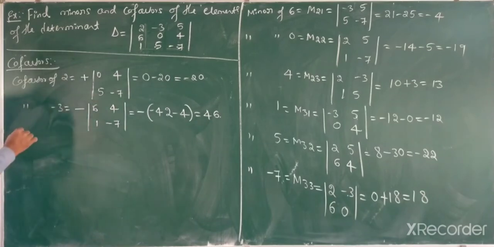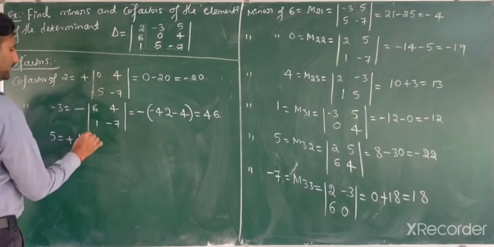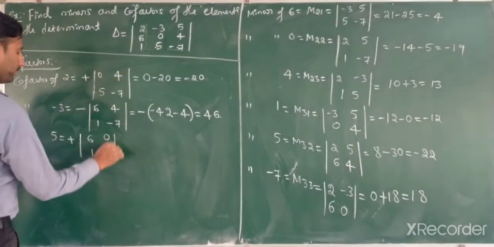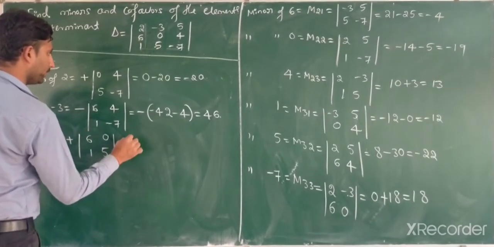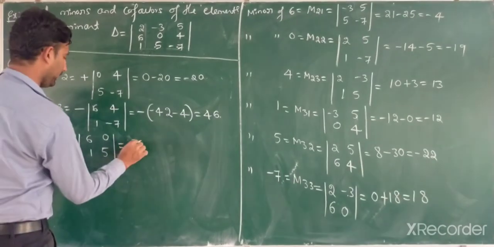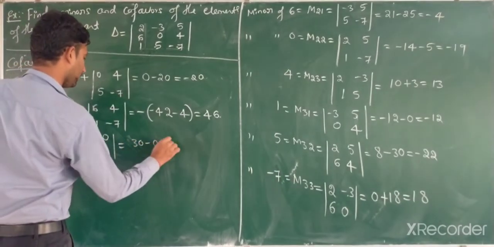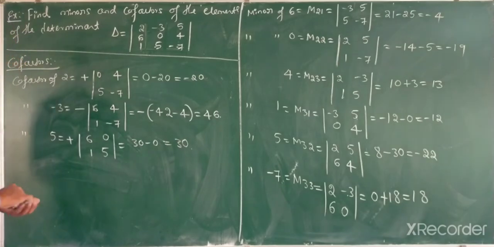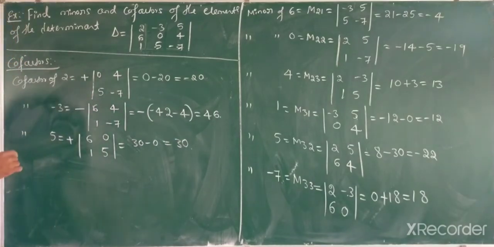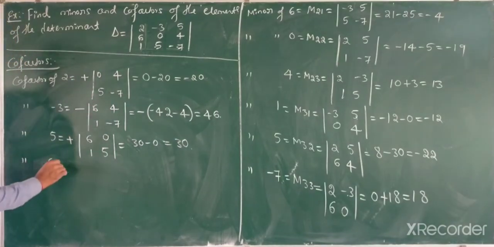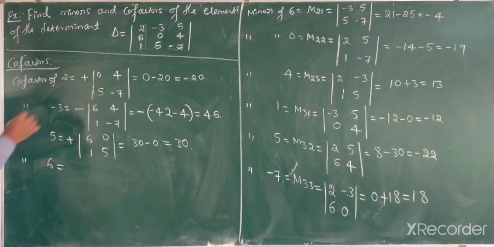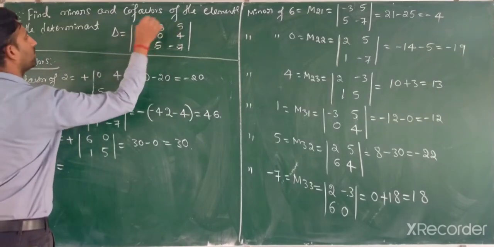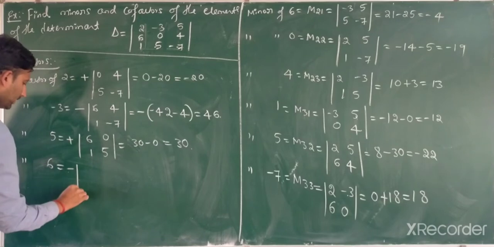After that, cofactor of 5, plus 6 0, 1 5, or better write 30 minus 0, which is equal to 30. 30 minus 0 becomes 30. Cofactor of 6, which is nothing but minus.